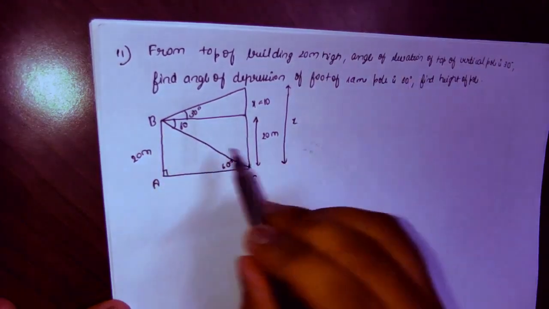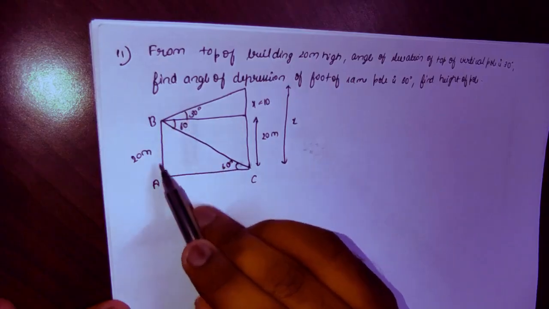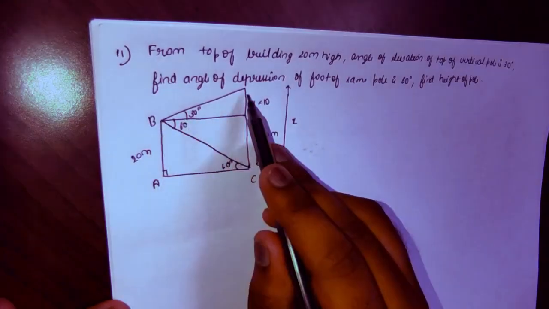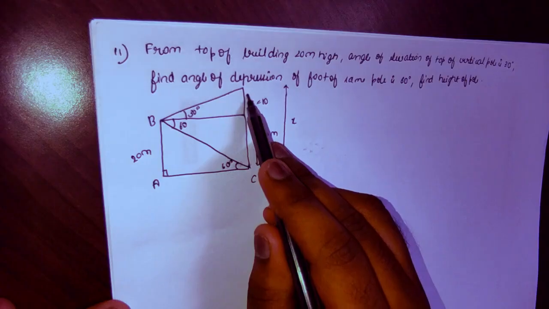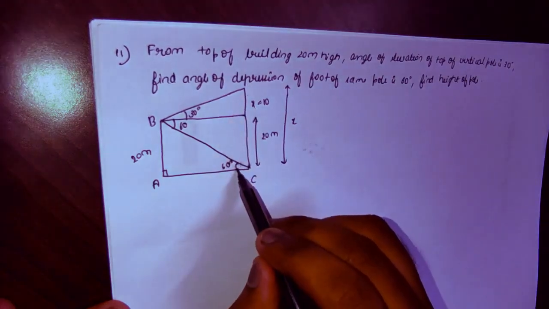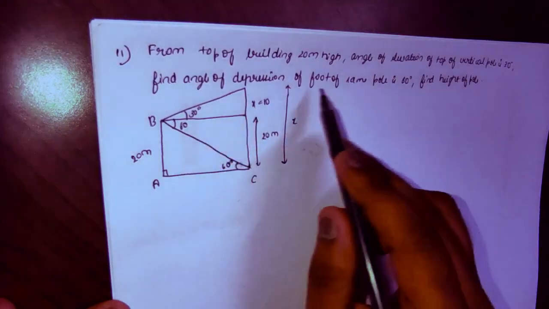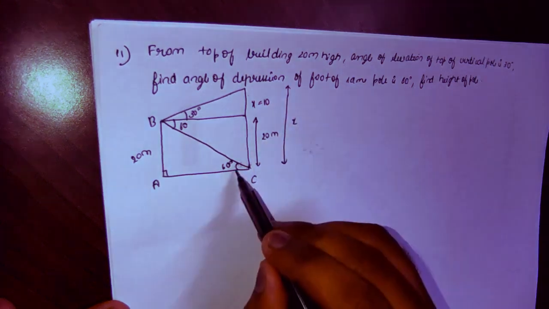The angle of elevation is given, that is 30 degree. From the top of this building, the angle of elevation is 30 degree. So they are given as this angle. Find the angle of depression of the foot of the same pole.